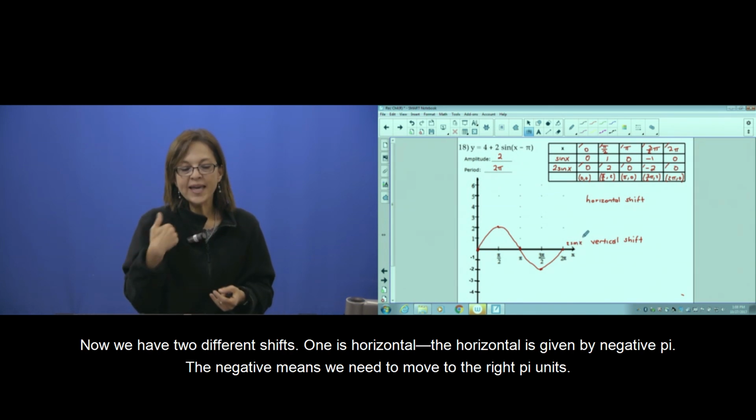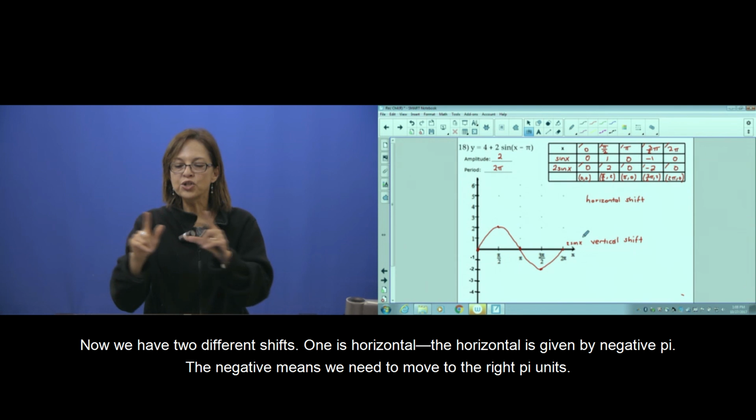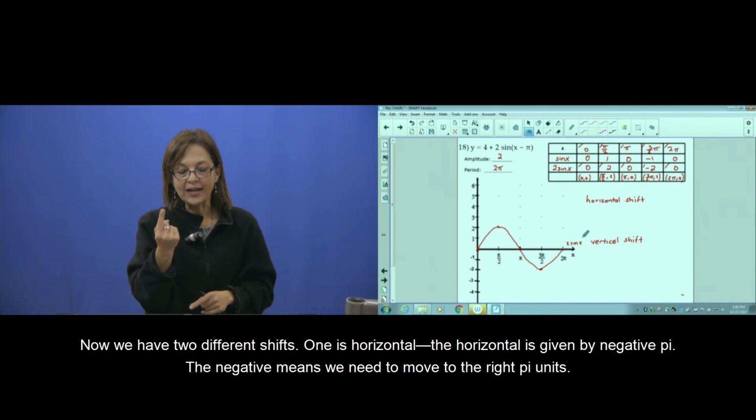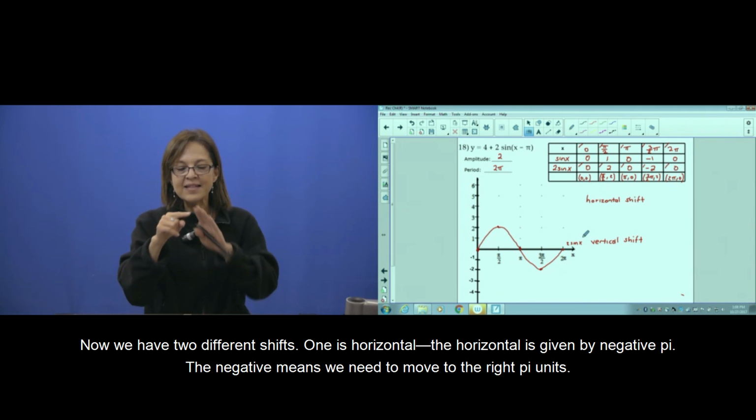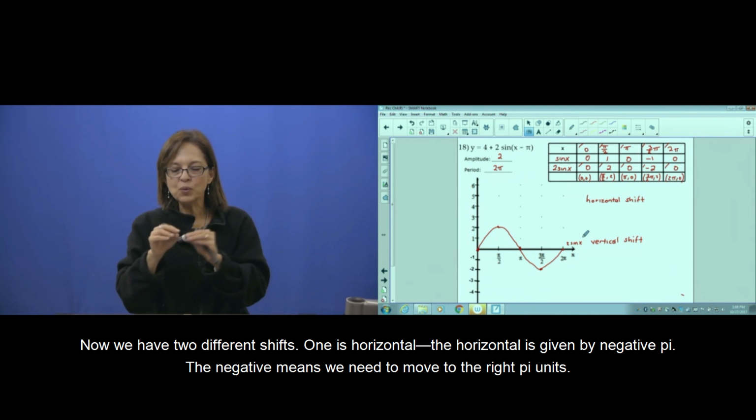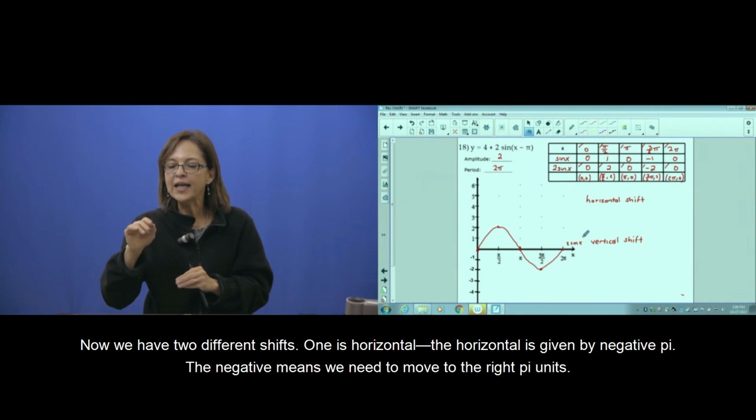Now, we have 2 different shifts. One horizontal. The horizontal is given by negative pi. The negative means we have to move to the right pi units.